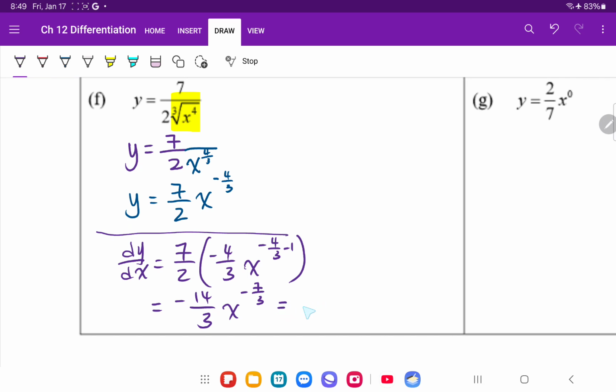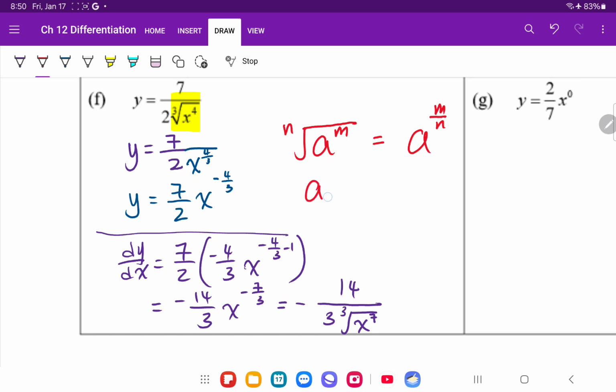Now written in positive indices, you will have negative 14 on top, 3 below, and cube root of x power 7. Now if you have forgotten how I did this, remember this indices law. Okay, which also means like that. Remember where to place the numerator and denominator of the fraction here and here.